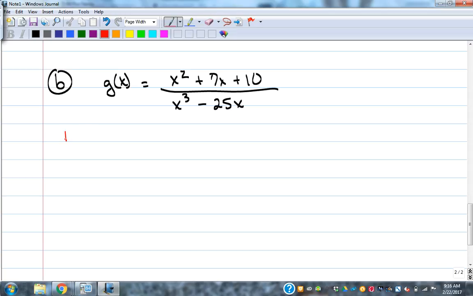Okay, so again, we're going to find the domain, the vertical asymptote, horizontal, and I'm abbreviating here, and that's what I expect you to do too.